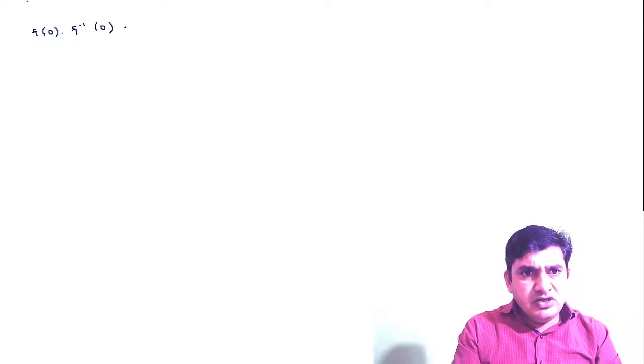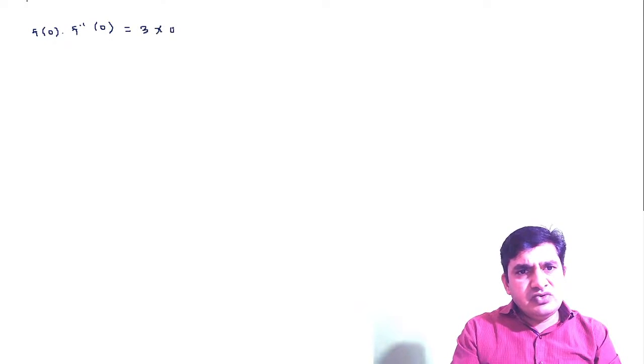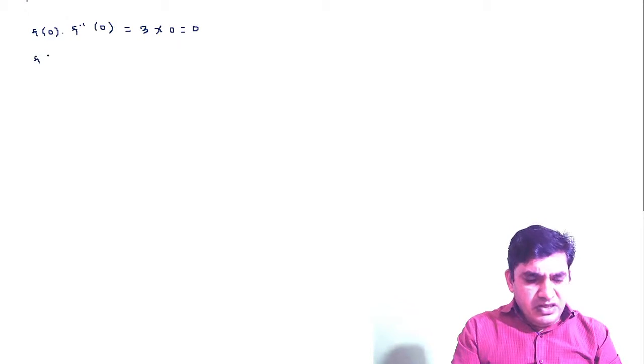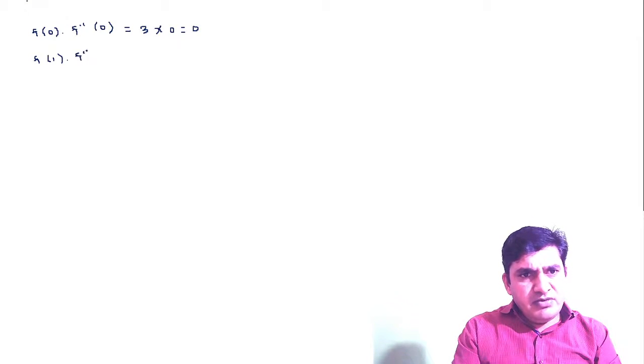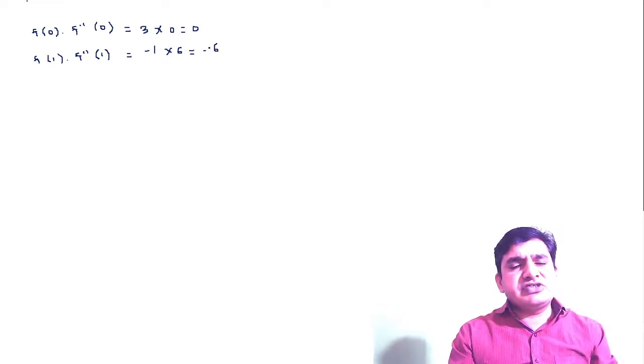f of 0 into f double dash of 0 is 3 into 0, so it is equal to 0. f of 1 into f double dash of 1 is minus 1 into 6, which is equal to minus 6.